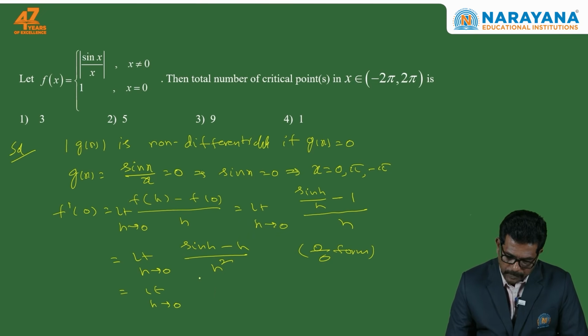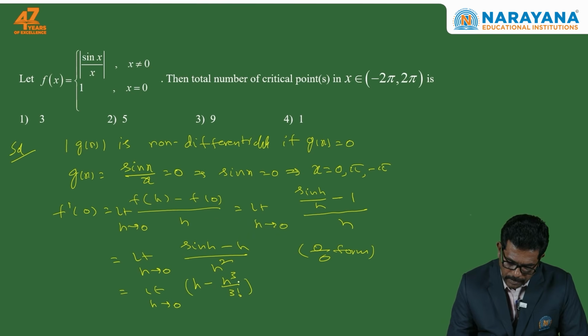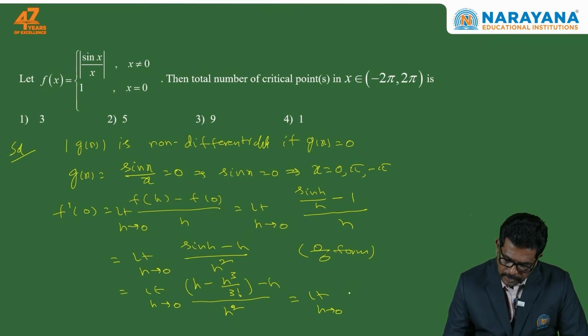The expansion of sin h is h minus h cube by 3 factorial, minus h, upon h square. Now this is equal to limit h tends to 0 of minus h by 6, which is equal to 0.